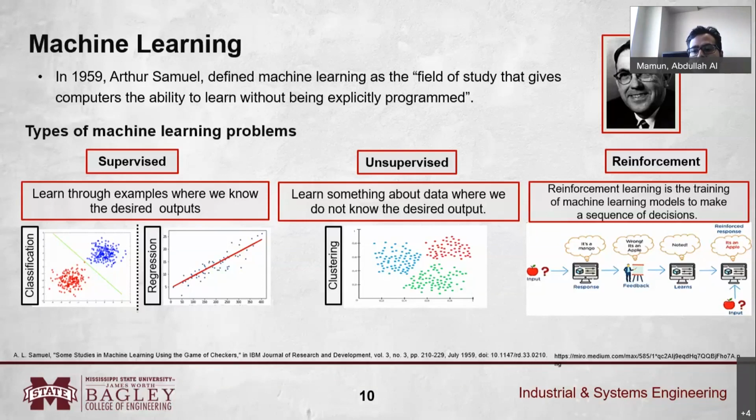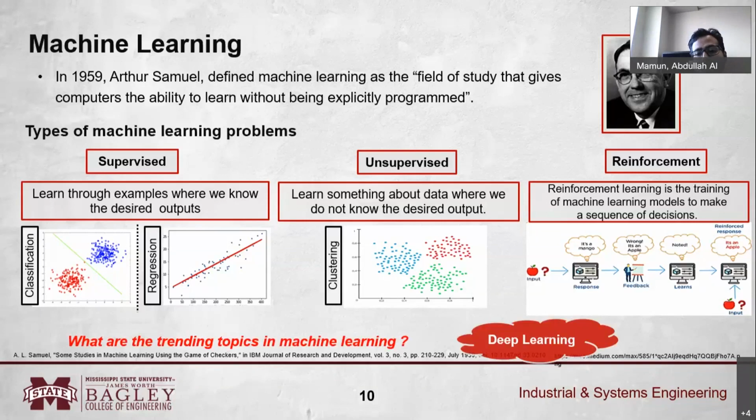So for all diagnosis systems of machinery, we can ask what the most trending topics in machine learning are. Obviously, we'll talk about deep learning in the upcoming slide, which will be covered by my colleague Ayanta.